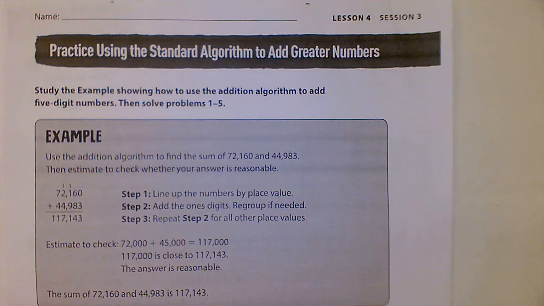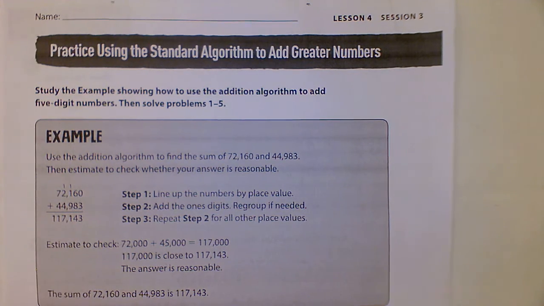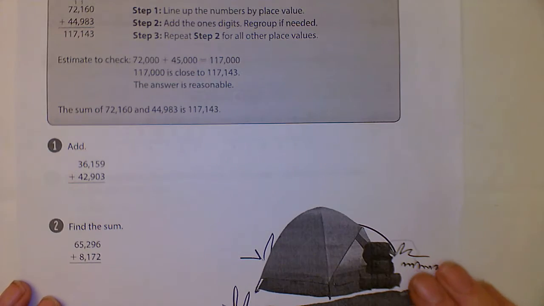Remember, sum means we're adding. So remember, that's one way that we can use estimating, and that's how we're using it today. We're not doing it for all the problems, just for some of the problems. So now that I talked about things being reasonable, let's jump right in.